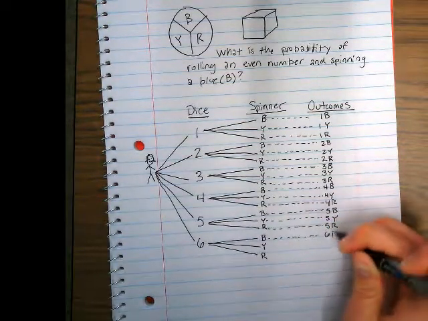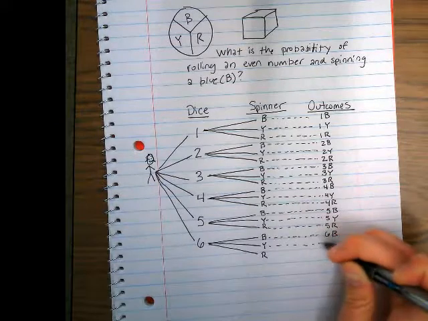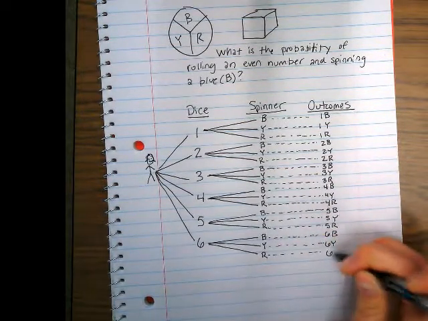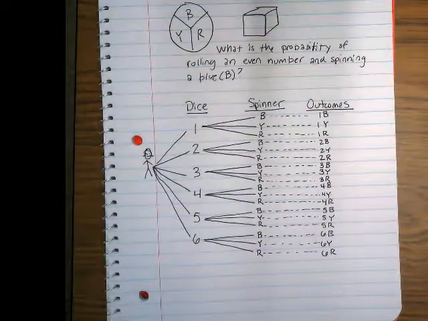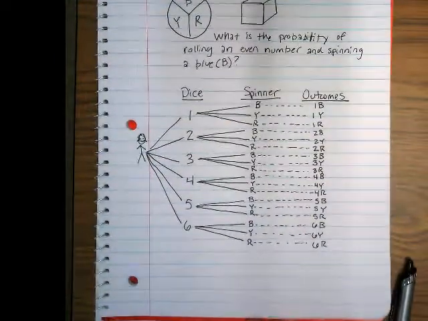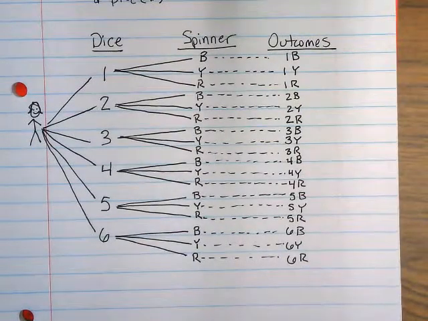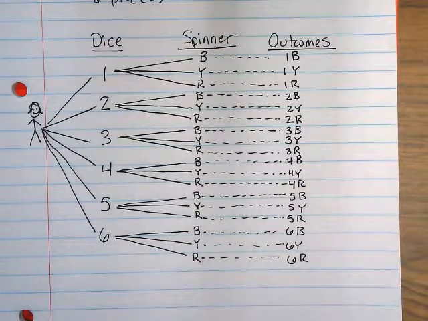I could have gotten 6 blue, 6 and yellow, and 6 and red. Wow, lots of outcomes there. I'll zoom in a little if you were having trouble seeing that. There are all of our outcomes just from rolling a die and spinning a three-sectioned spinner. Lots of outcomes there. Now let's look back at the original question.